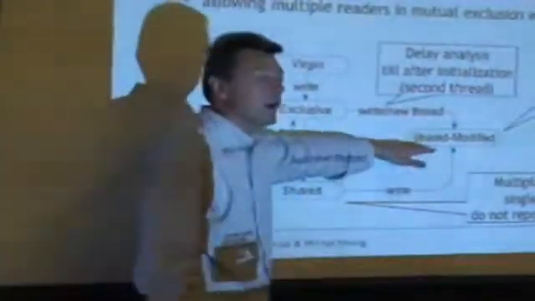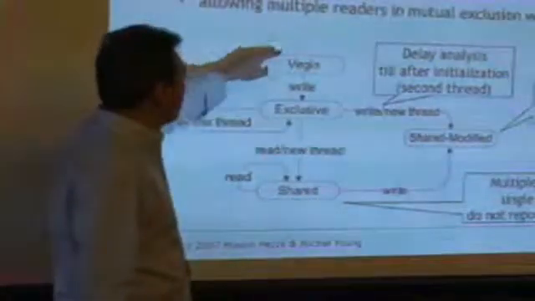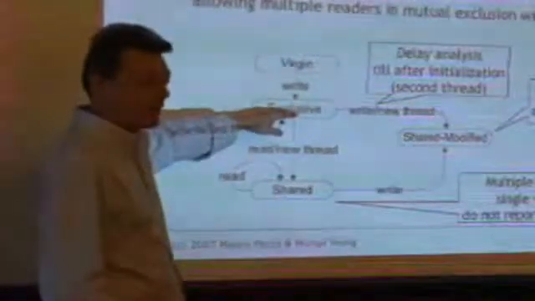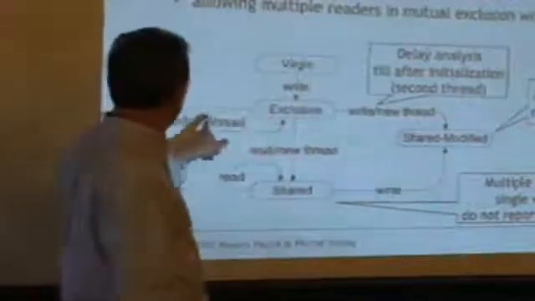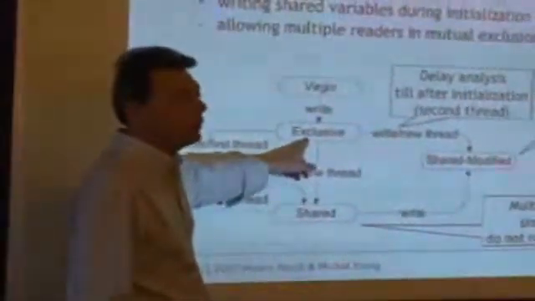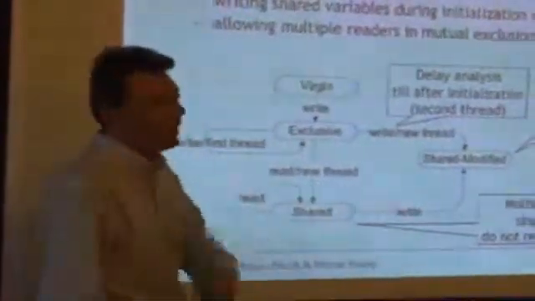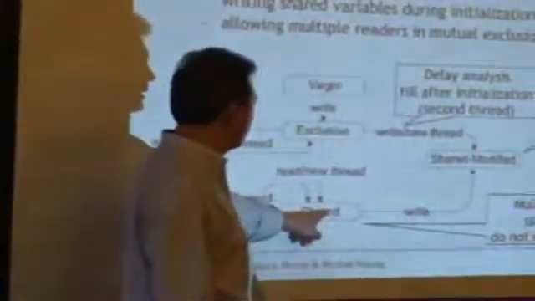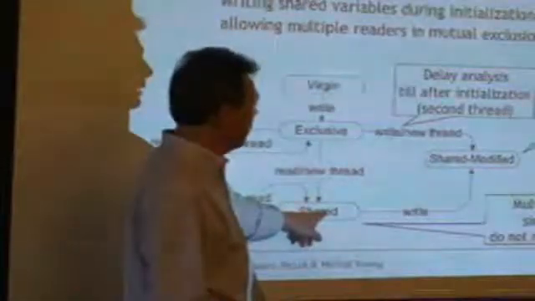Or, again, you attach a little information that says every element can be virgin, can be exclusive, can be shared, and shared modified. So, when you write on a data structure, then you go to an exclusive access. At this point, you can read and write through the first thread, and nothing happens. So if I'm the initializer, I can read and write and read and write, and nothing happens. At some point, someone creates a new thread, and reads or writes.